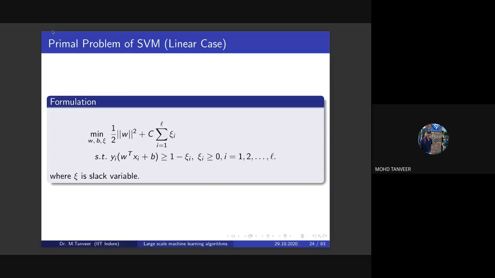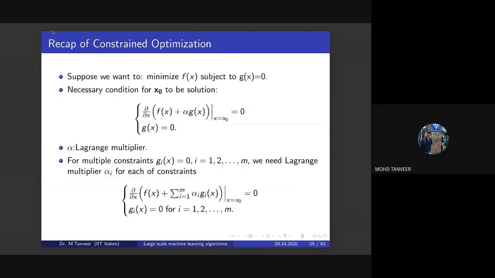So let us consider one function f(x): minimize f(x) subject to the constraint g(x) equal to 0. It means that if somebody asks you how to minimize or maximize a function subject to some conditions, here the condition is given as g(x) equal to 0, another function. So how to solve it? It's a very simple question, anyone can ask.